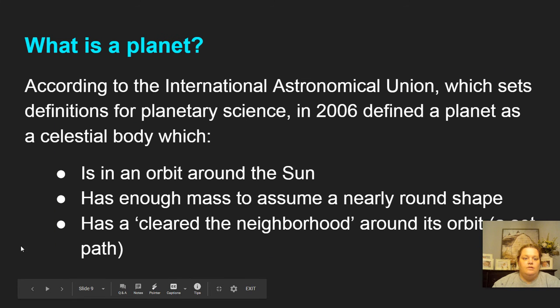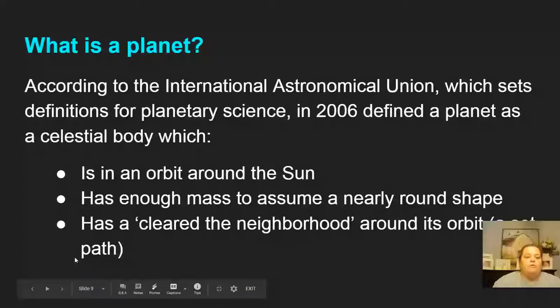So, next slide. Okay, what is a planet exactly? Well, according to the International Astronomical Union, which sets definitions for planetary science, in 2006, they actually redefined, and this is why Pluto got kicked out, a planet as a celestial body. Celestial means space. That, number one, is in the orbit around the sun. Number two, has enough mass to assume a nearly round shape.